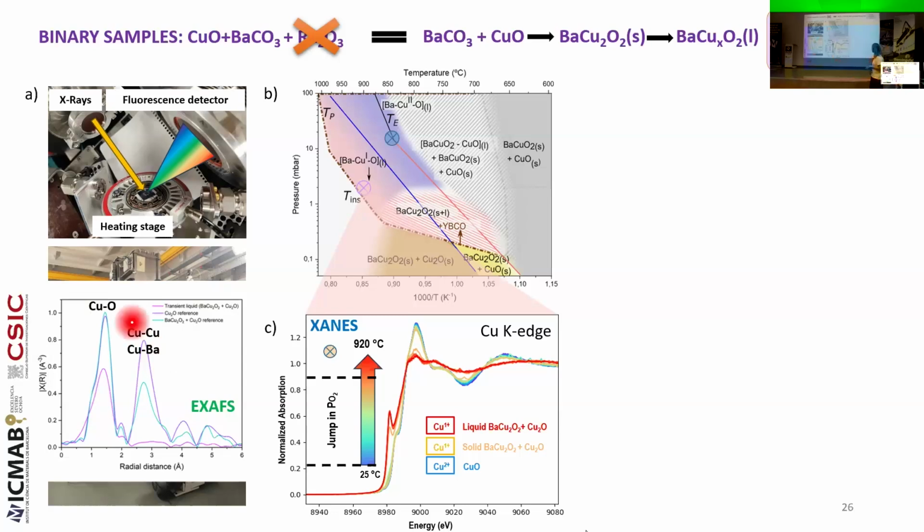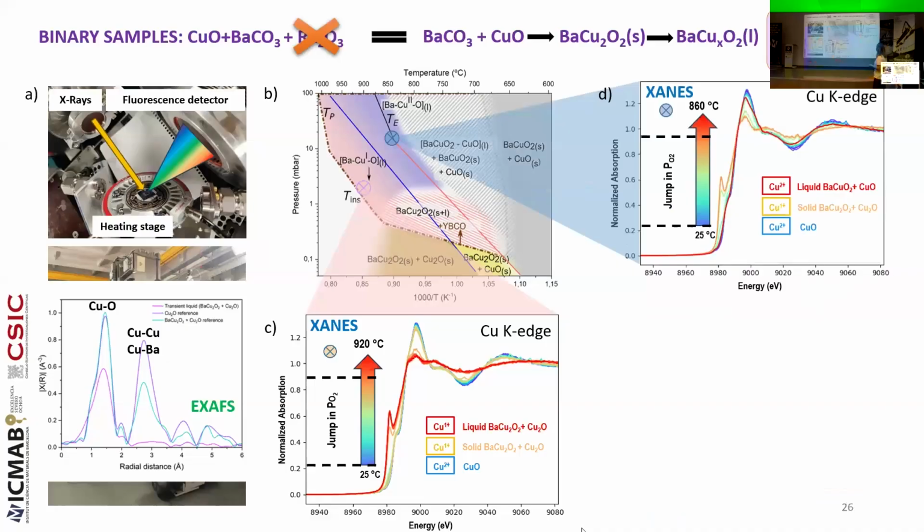And as you can see, the first shell, which indicates the copper-oxygen bonds, the intensity of this first shell is decreased a lot. And then there is total disappearance of the second shell and the following shells. And this is clearly indicative of a disordered liquid phase.